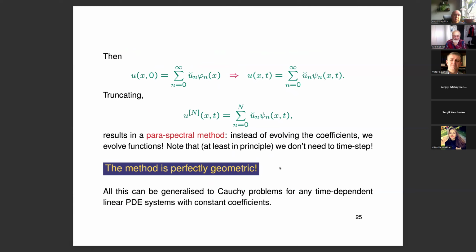And this is what you call a paraspectral method. We don't evolve coefficients, we evolve functions. And we don't need to time step even. And this method is perfectly geometric. It preserves every invariant of the solution by definition.